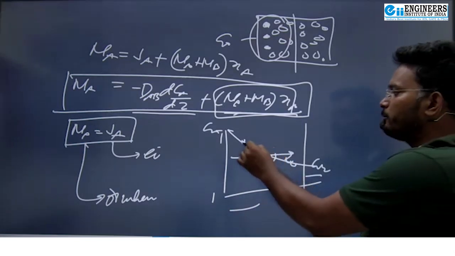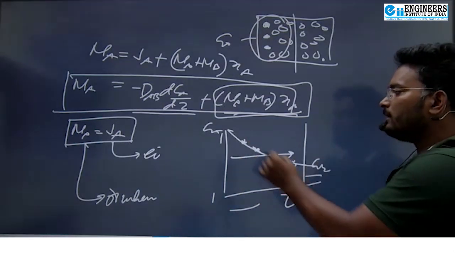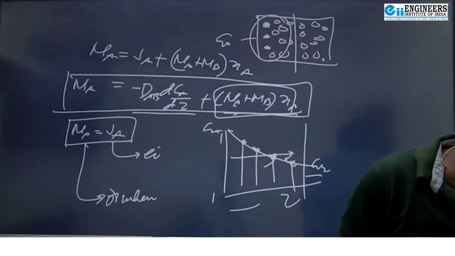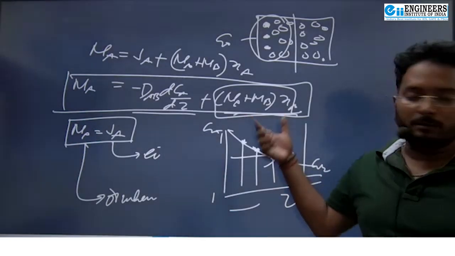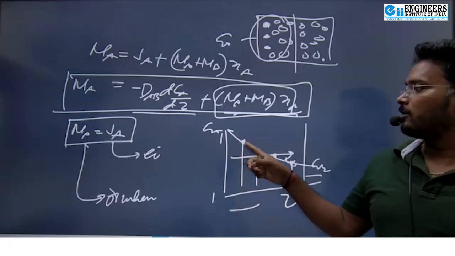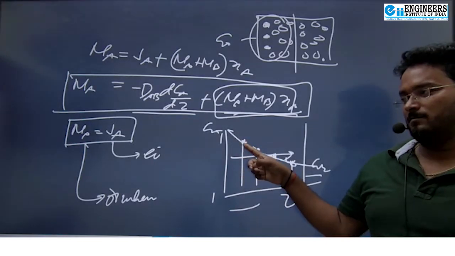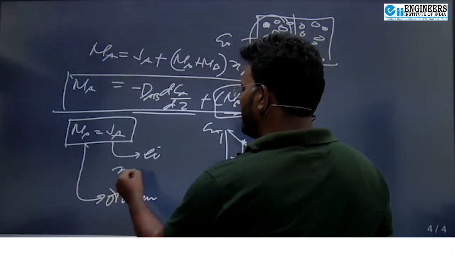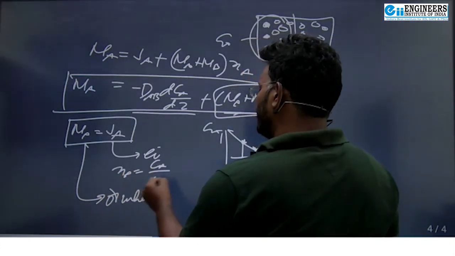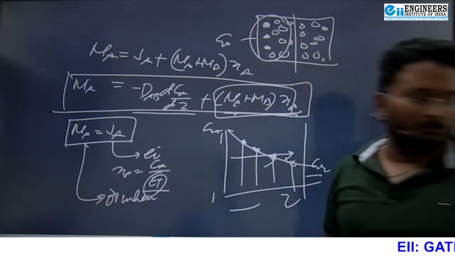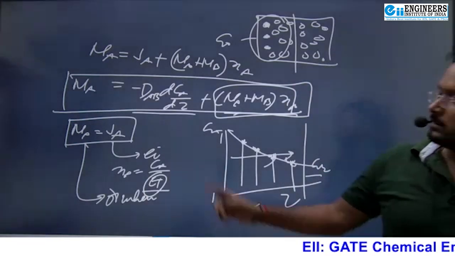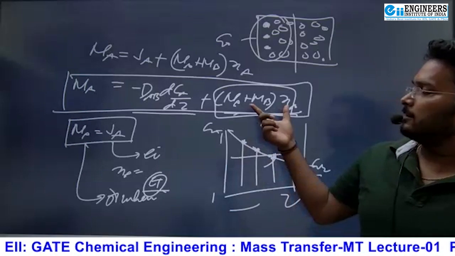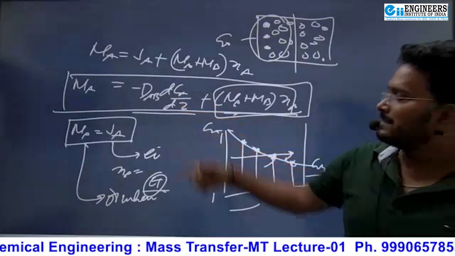At each and every point, the contribution of the bulk flow term is changing. Why? Because the concentration of A is changing. What is the mole fraction of A? You know, X_A is equal to C_A upon C_T. If the total concentration of the solution is constant and C_A is changing, then X_A will change, so the contribution is changing, and dC_A upon dZ is also changing.